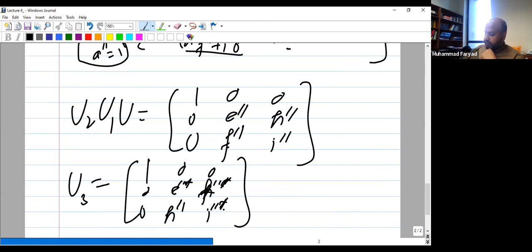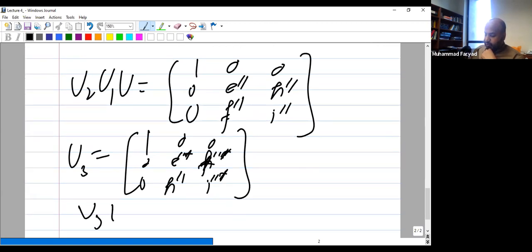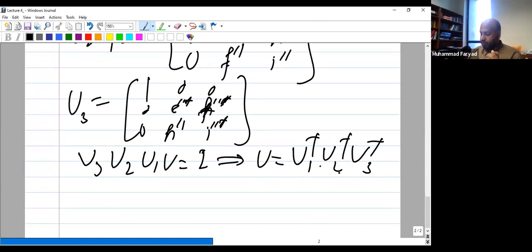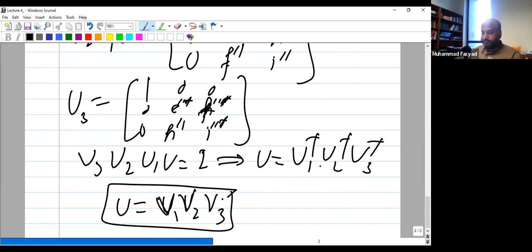So when we multiply with U3, we get U3, U2, U1, U equals identity, which means that U can be written as U1 dagger, U2 dagger, U3 dagger. Since U1, U2 are unitary, their daggers are also unitary, and they're all 2-level. So we have broken down this U into some matrices, let me call them V1, V2, V3.